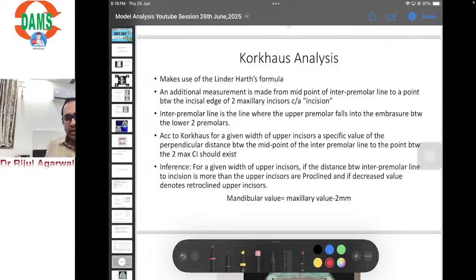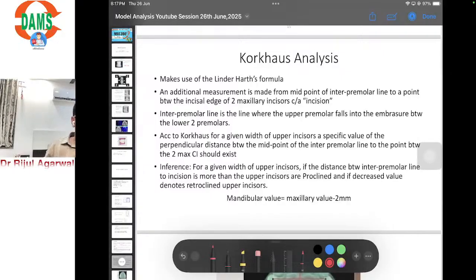Very easy to understand. Next permanent dentition analysis is the Korkhaus analysis. So Pont told us about the transverse width and the need for expansion. Korkhaus tells us about the position of the upper incisors as well as the transverse dimension, both.